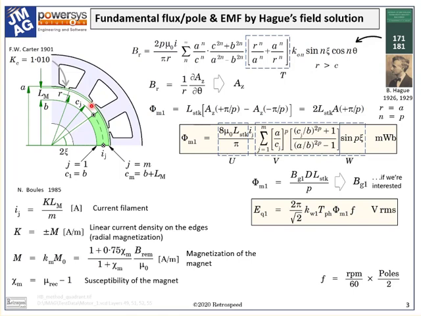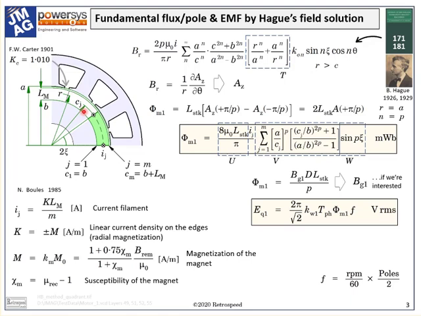Some authors have actually used the method of conformal transformation to analyze the effect of slotting, but here we will simply use Carter's coefficient in the time-honored tradition of electric machine calculations. Carter's coefficient enlarges the total effective air gap slightly, and in a surface magnet motor the effect is very small because we use it with the sum of the physical air gap and the effective magnet length in the direction of magnetization.